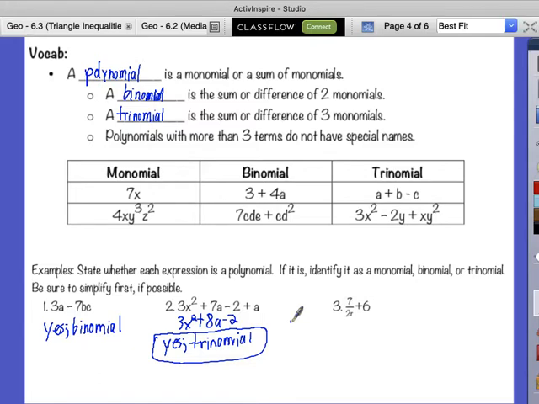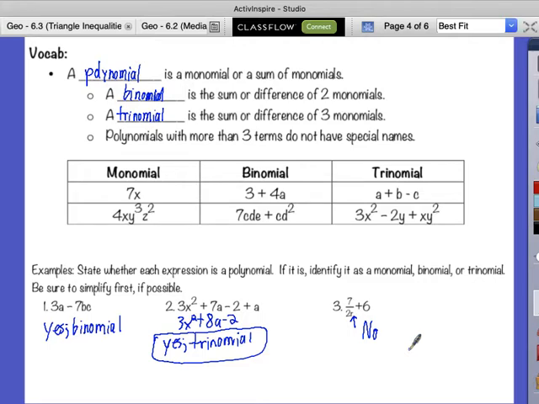Now, number 3, do we think this is a polynomial? Yes or no? No, it's not. Okay. You're being pretty vocal about this, Levi. What do you think? There's a 2r below. We don't want this r here. Oh, yeah. So, for it to be a polynomial, each of these has to be a monomial. But is this one a monomial? No, because there's a variable on the bottom.